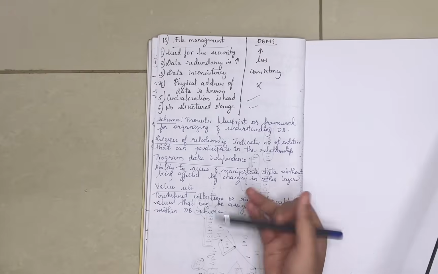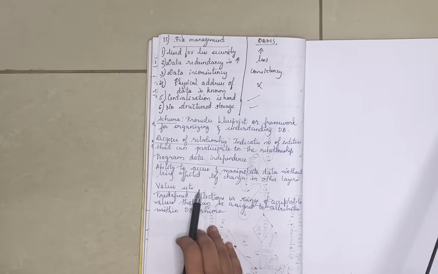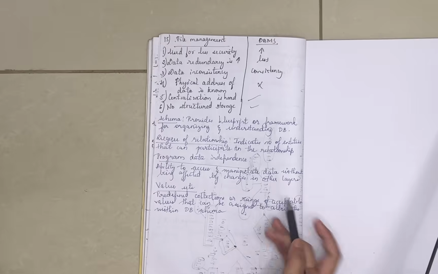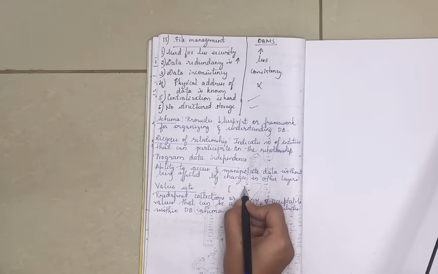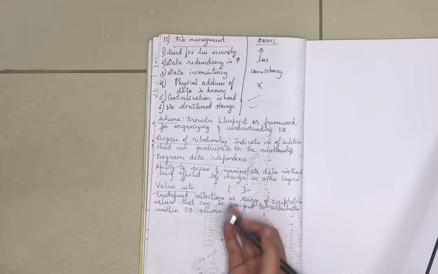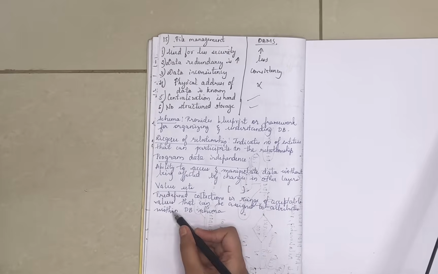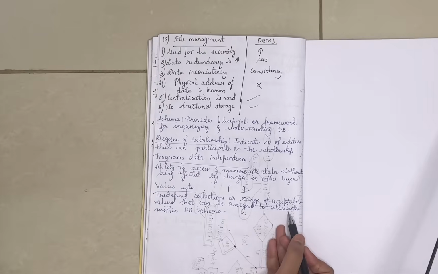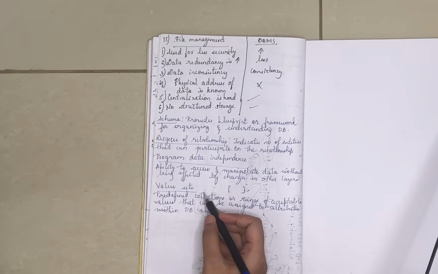Then value sets. It is very simple. If you remember, in second PU we had something called domain and range. So the value should be taken within that range only. So the range of acceptable values that can be assigned to an attribute within the database schema is the value set.